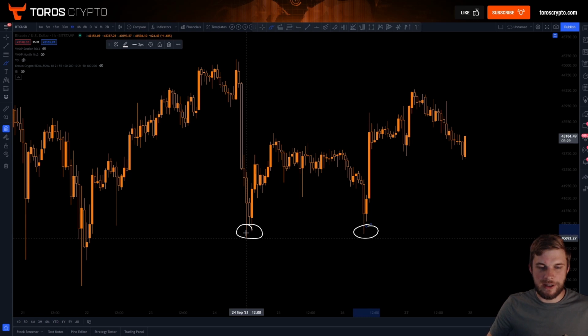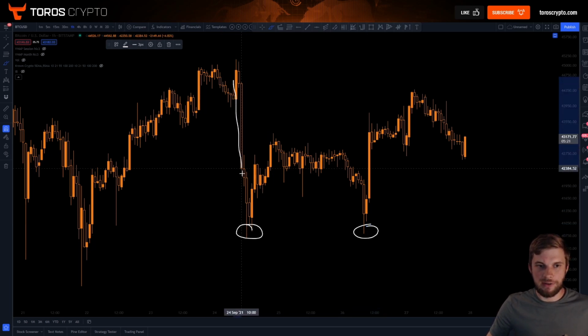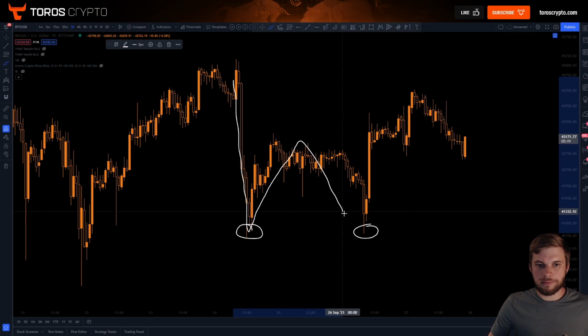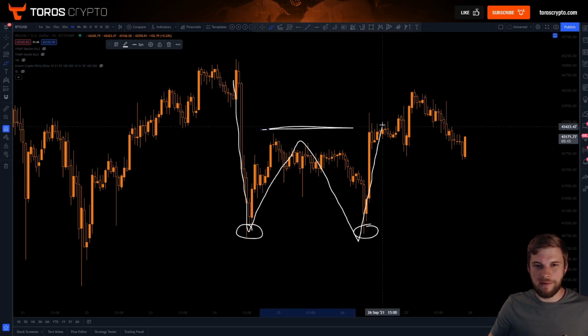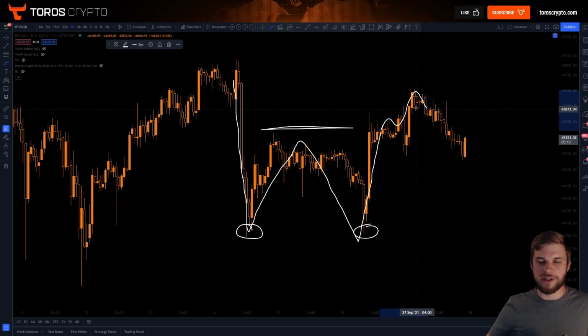So we're looking at these wicks down here, and this wick down here, almost exactly the same level. So this is your double bottom formation that causes this move in price, and then eventually breaks out above these highs and gets this reversal underway.